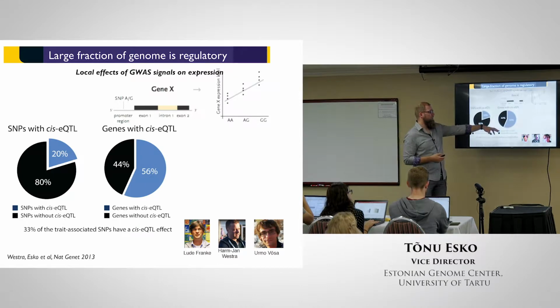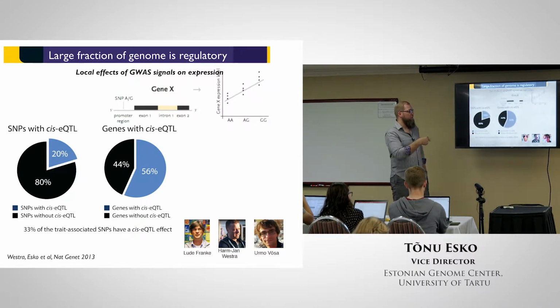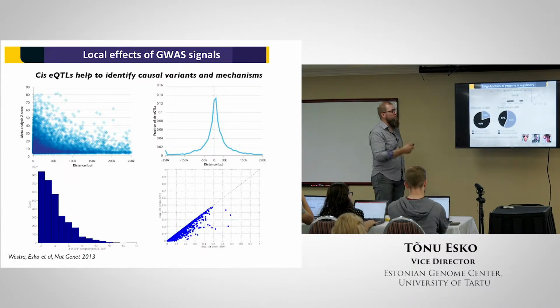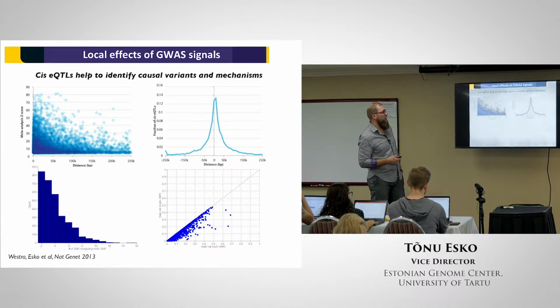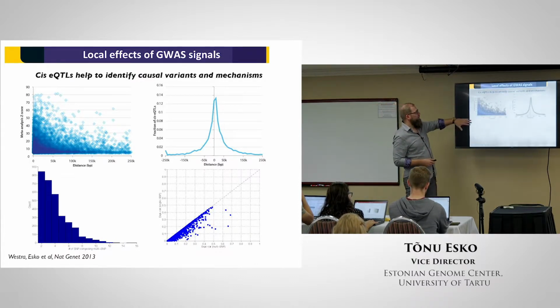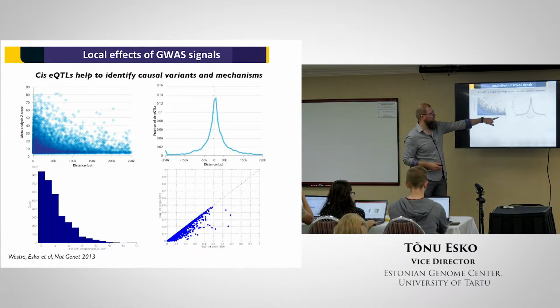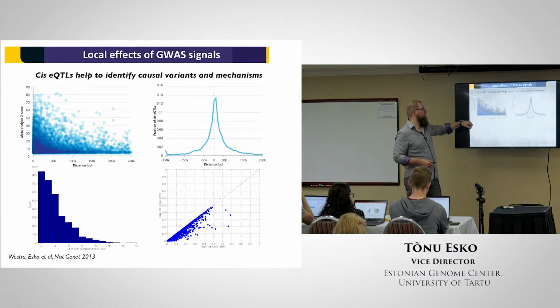We also saw that for almost half of the genes expressed in blood, there was at least one eQTL. In this graph you have the distance from the gene, up to 250 kilobases, and this is the effect of the variant on gene expression.